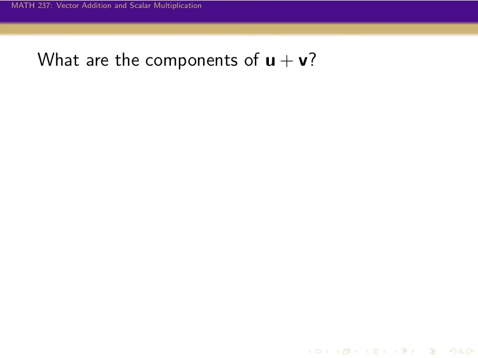So what is this going to mean for the components? Let's say we have two vectors, U and V. There's our U, there's a V. Let's say that U has components a, b.